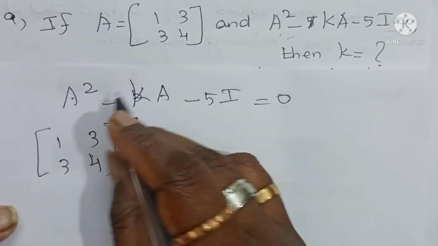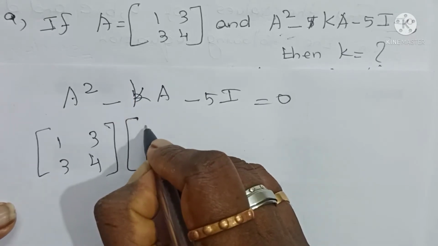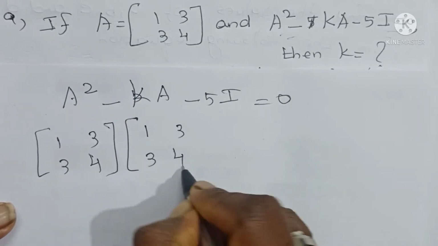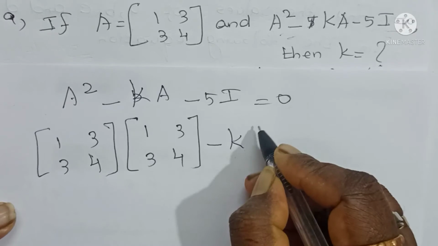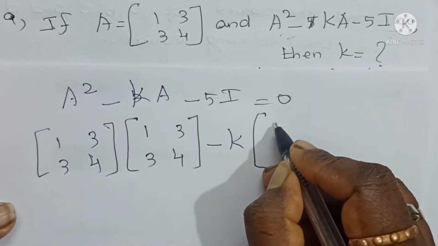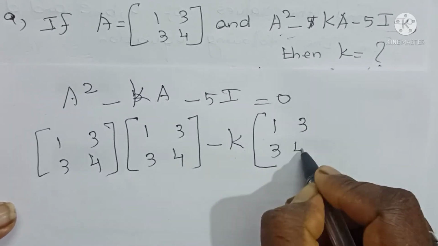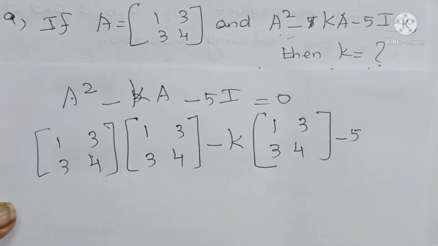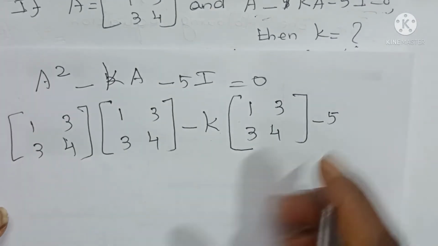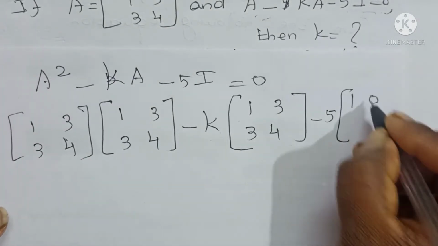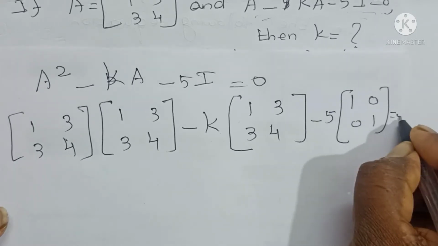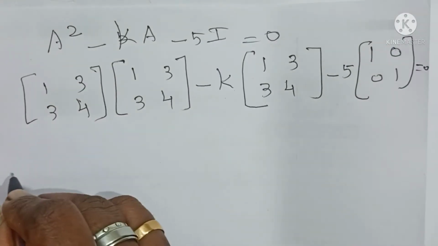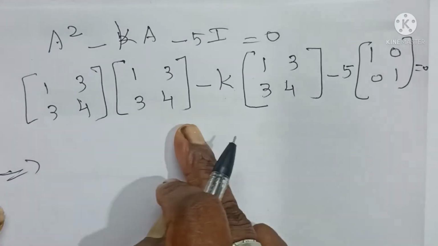Then A squared means A into A, correct? So [1, 3; 3, 4] into [1, 3; 3, 4], minus k into, you have to substitute again the value of A, [1, 3; 3, 4], minus 5. What is I here? 2 by 2 matrix. So [1, 0; 0, 1], which is equal to 0. Then you have to multiply these two matrices.